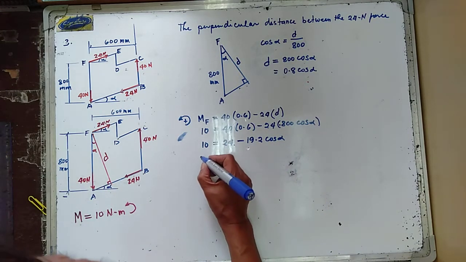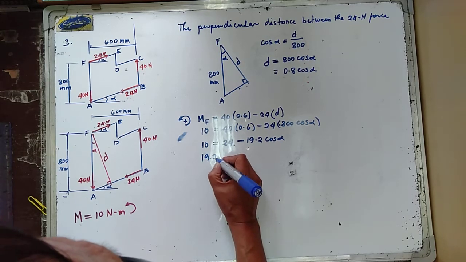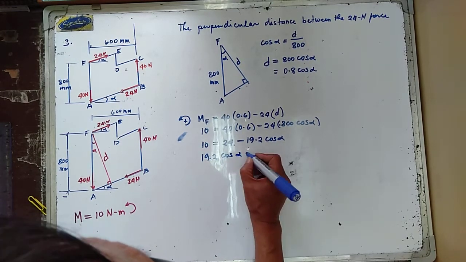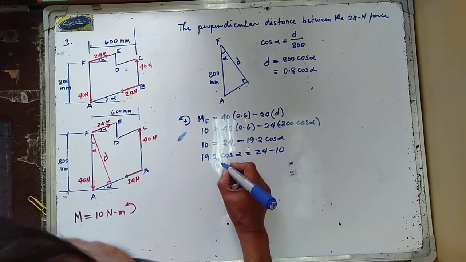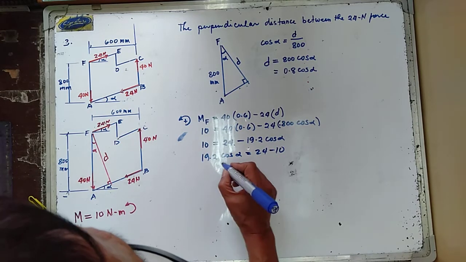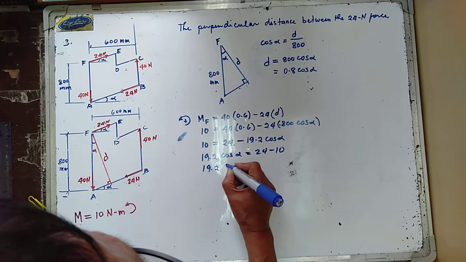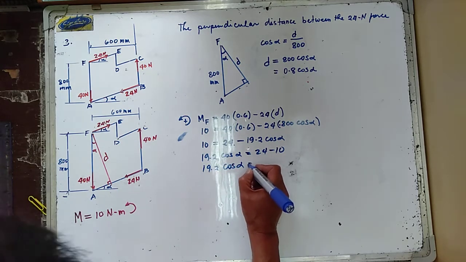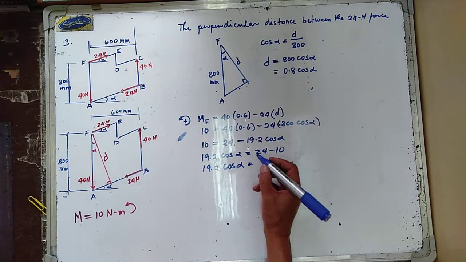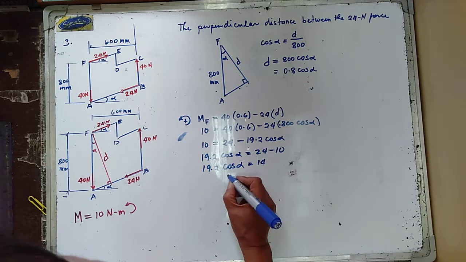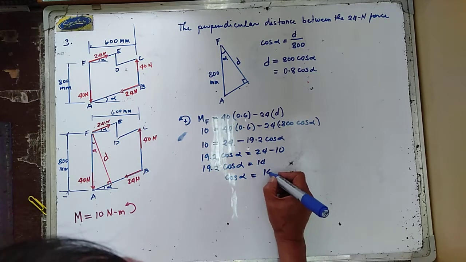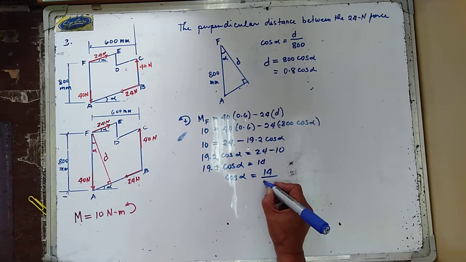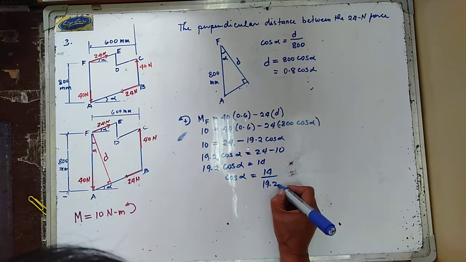So 19.2 cosine of alpha is equal to 24 minus 10, or 14. Cosine of alpha is equal to 14 over 19.2.